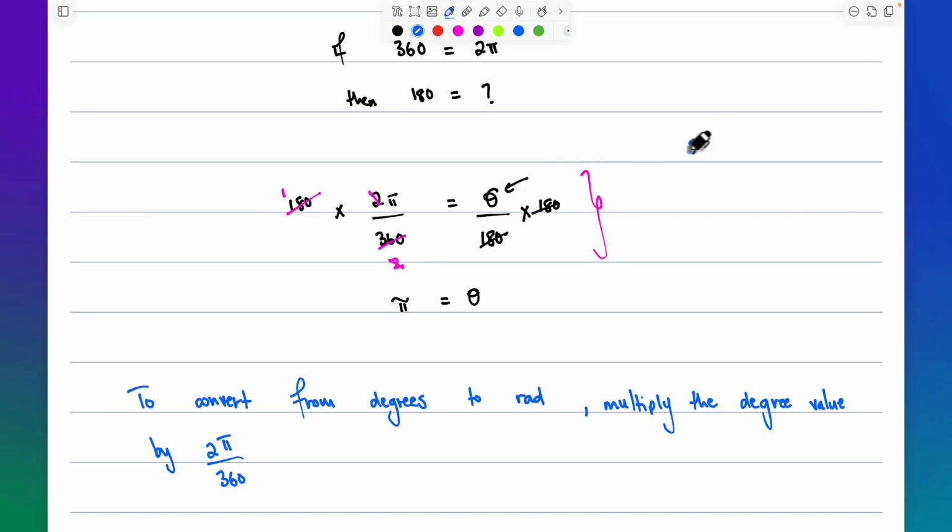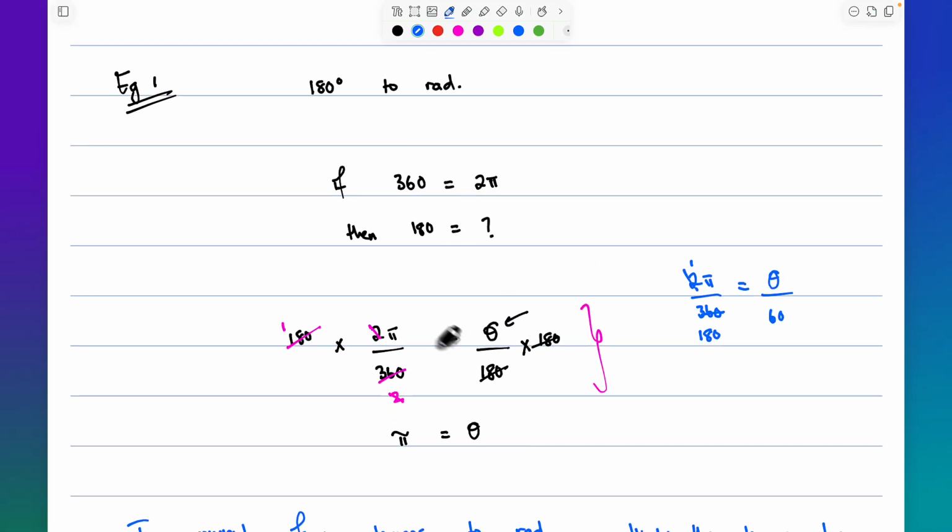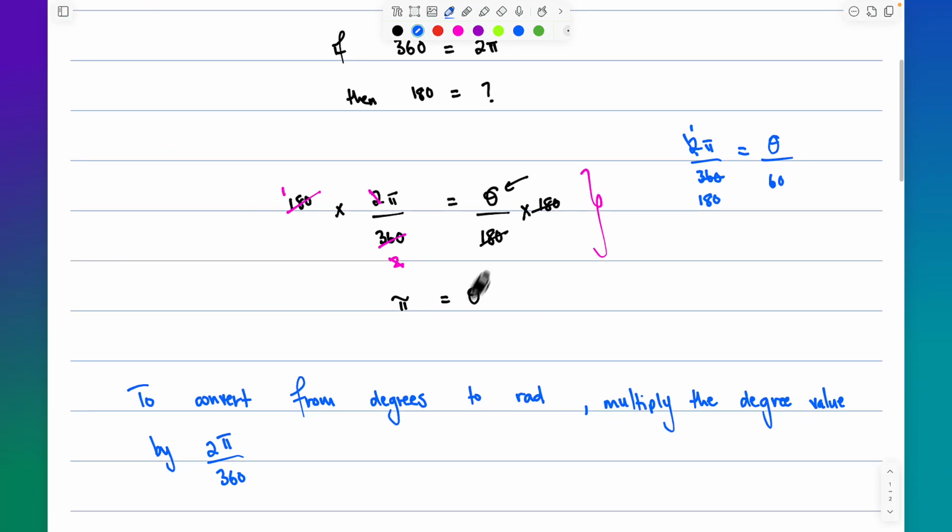Whether it's 60, 90, whatever it is, right? This side can also be simplified, because 2 can go into itself once, and it goes into 360 180 times. So the conversion you can also use is pi over 180, which is the same answer that we got over here, because we know that 180 degrees is equal to pi radians.